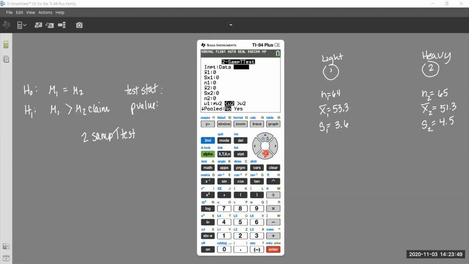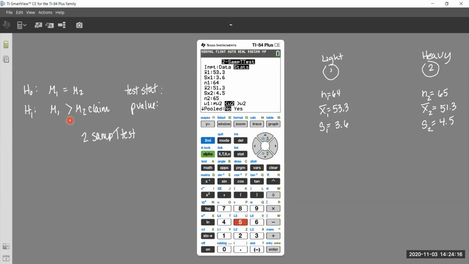Okay, so the mean is 53.3, the standard deviation is 3.6, and the sample size is 64. The mean over here is 51.3, the sample standard deviation is 4.5, and the sample size is 65.